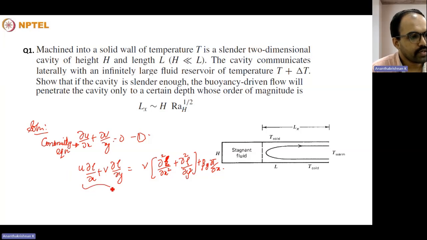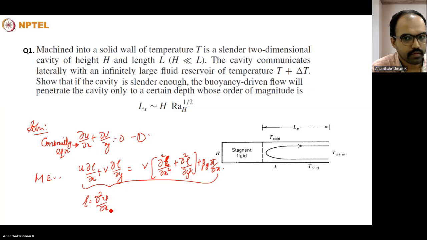So the momentum equation in a different form we can write in terms of the stream function, where u is equal to minus of dou psi by dou y and v is equal to dou psi by dou x.